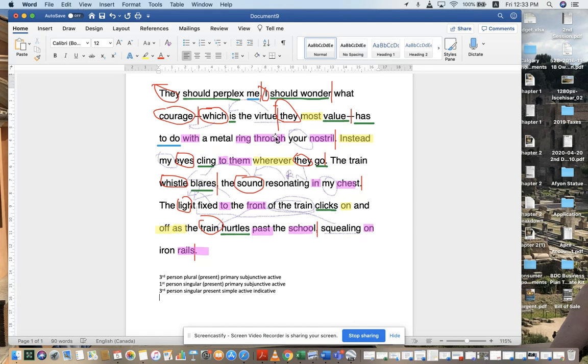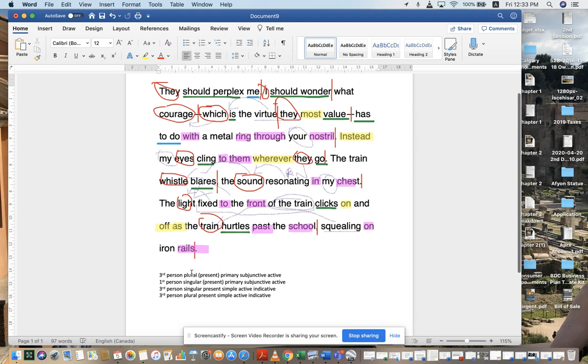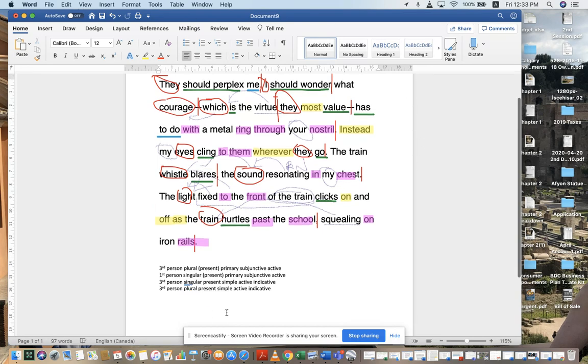Awesome. Then we have they most value right now. Okay, so again, this would be third person, but not singular, plural. Then we have has to do. So courage has to do. Also in the present. So we got two of these.